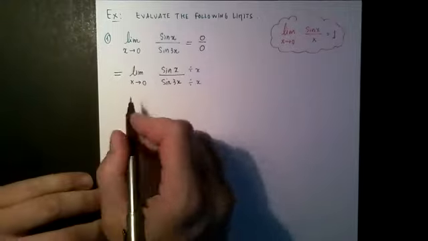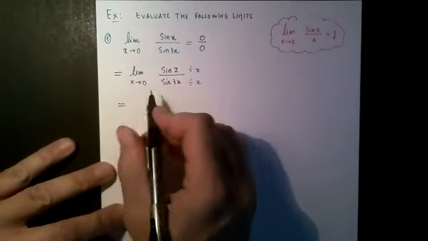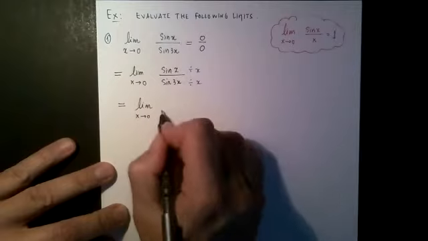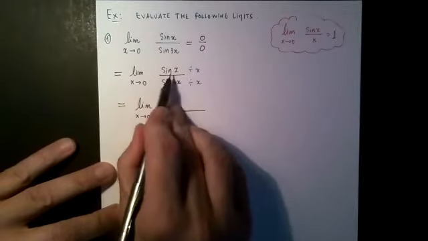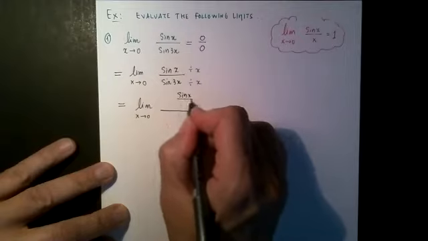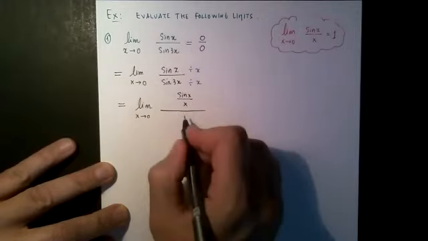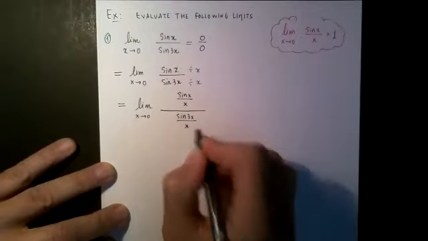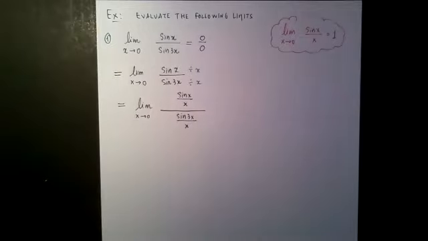So what's the purpose of this? It's because now I could write something like this. The limit as x approaches 0, on top I have sine x over x, and on the bottom I have sine 3x over x. Do you get it? I divided the top and the bottom by x.